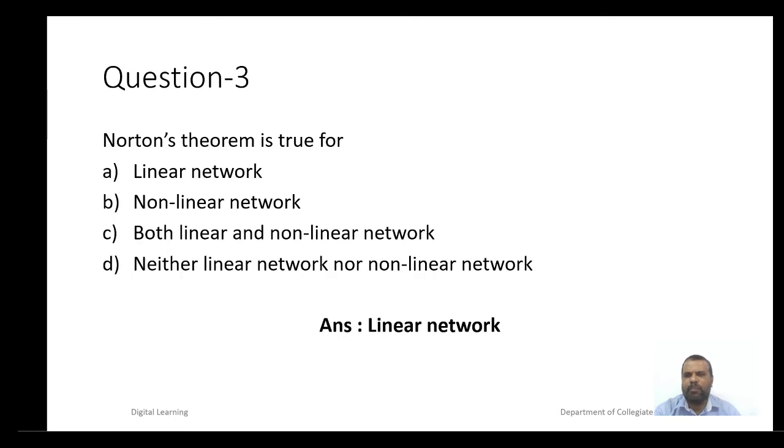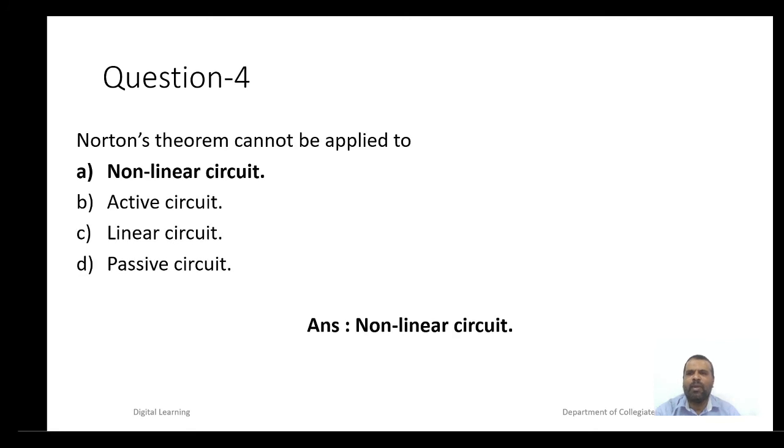Question number 3. Norton's theorem is true for, the options are A, linear network, B, non-linear network, C, both linear and non-linear network, D, neither linear network nor non-linear network. The correct answer is linear network. Question number 4.